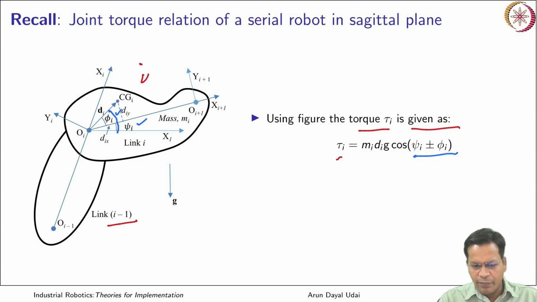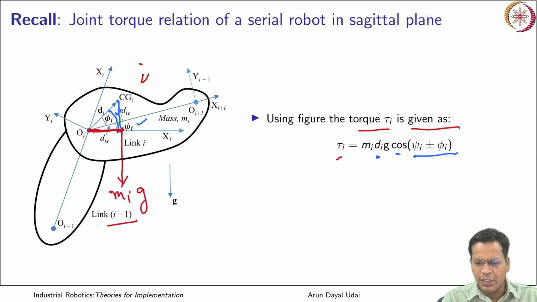Okay, so you have two projections of di, that is along x and along y, and because of that, di cosine, so this is your distance, so it is over here. So this is the effective arm on which MIG is acting.